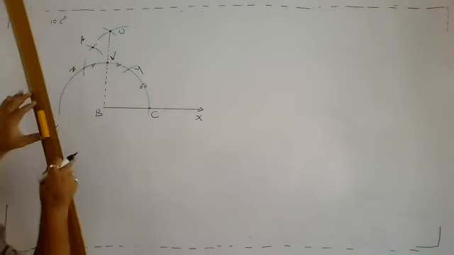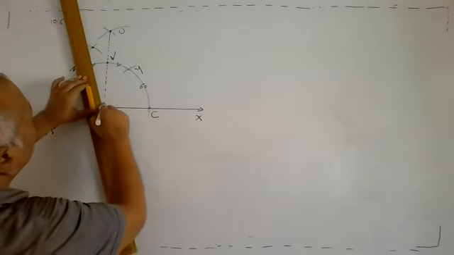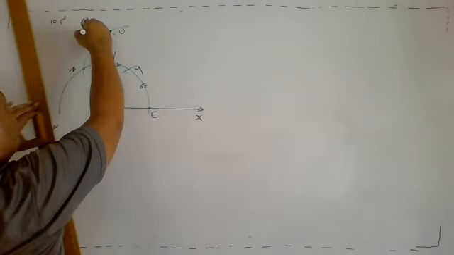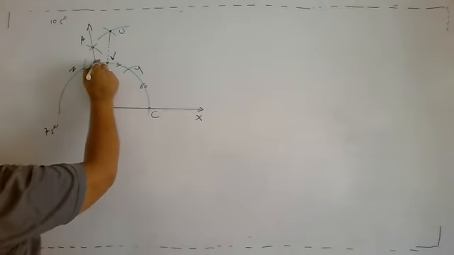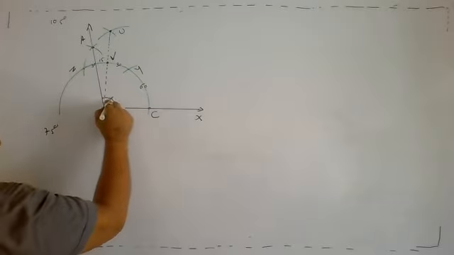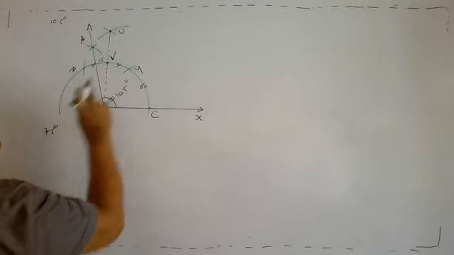So angle ABC is 105 degree. So this is 15, 30, 60. It is equal to 105 degree.